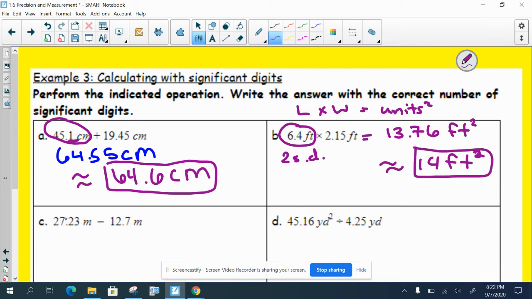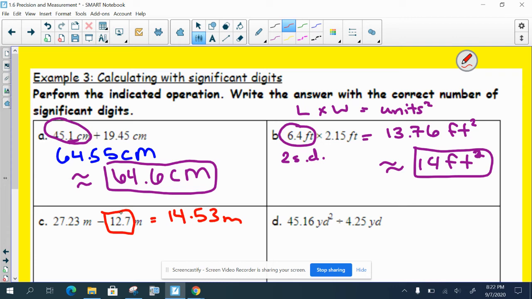All right, part C, 27.23 meters minus 12.7 meters. So this is just like part A's rule. So if you subtract this in your calculator, you would get 14.53 meters. And first you ask which of these numbers is least precise, and the 12.7 is.